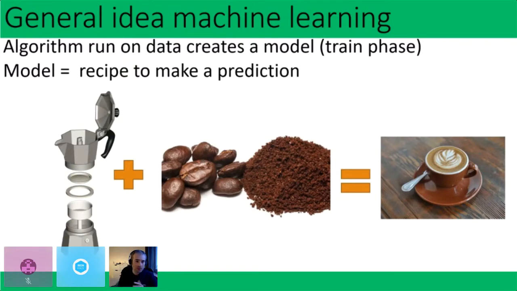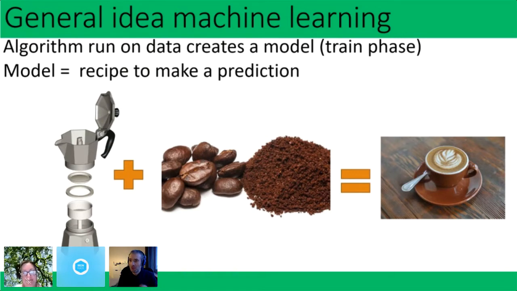The important concept that I would like you to remember is that the algorithm, as you also pointed out, is a set of rules, but it cannot do anything on its own. It needs the data. In the same way, to make coffee, you need the machine, but it's not enough. You need ground coffee. And in this analogy, data is your ground coffee.